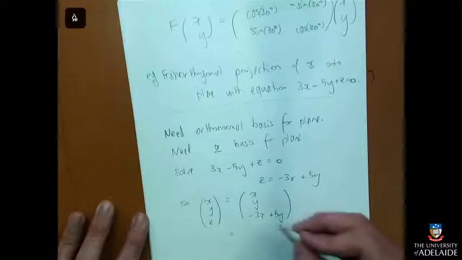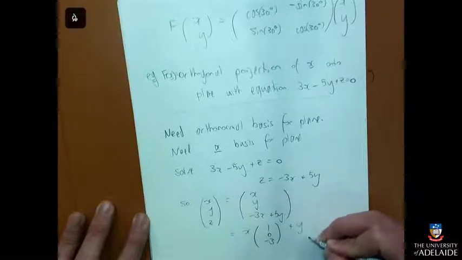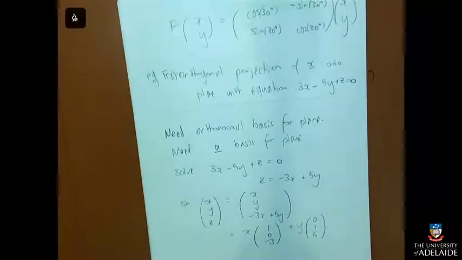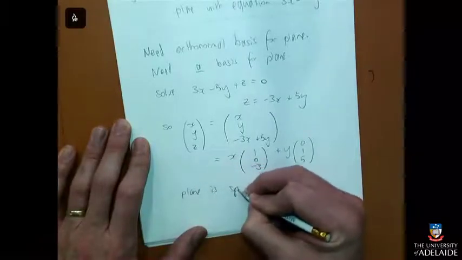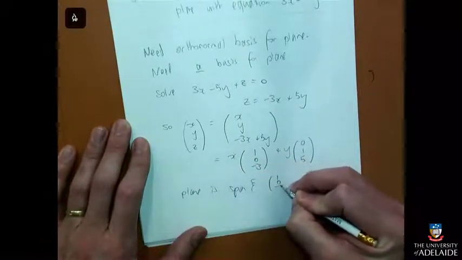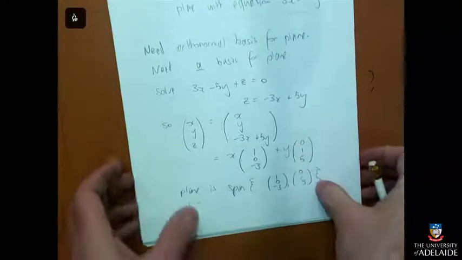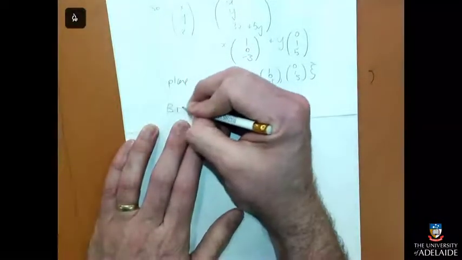And I can rewrite this as x times 1, 0, minus 3, and y times 0, 1, 5. And now I have rewritten my plane as a span. So the plane is the span of those two vectors, and therefore that's a basis for the plane.